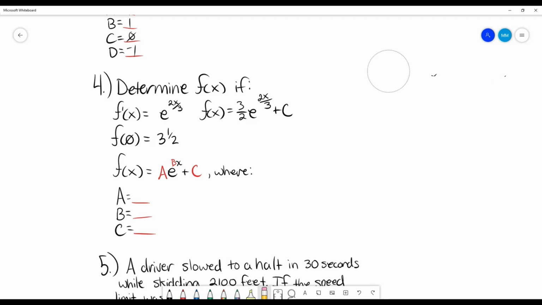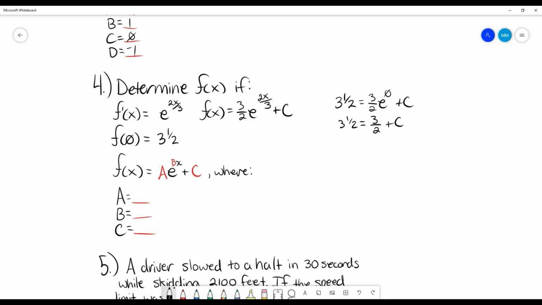All right. And now, for this next bit, they give us that when x equals 0, the function equals 3/2. Therefore, I have 3/2 when I have this, and then I've got 2 times 0. It's just 0, so it's 0 over 3, which is just 0, so it's e to the power of 0, all plus c. 3/2 equals, well, anything to the power of 0 is 1, so it's just that.